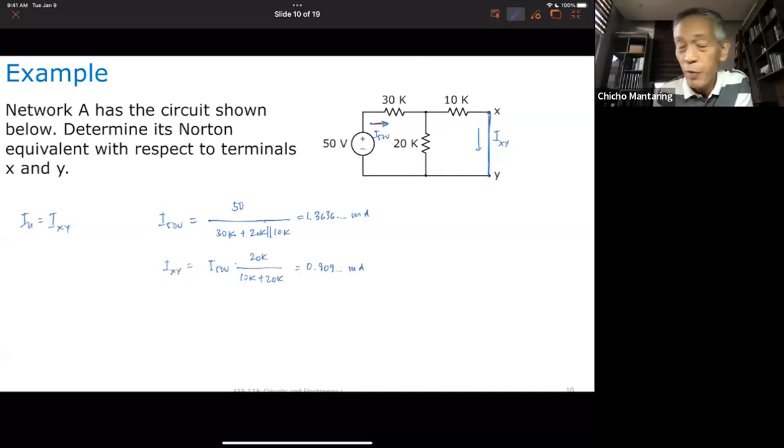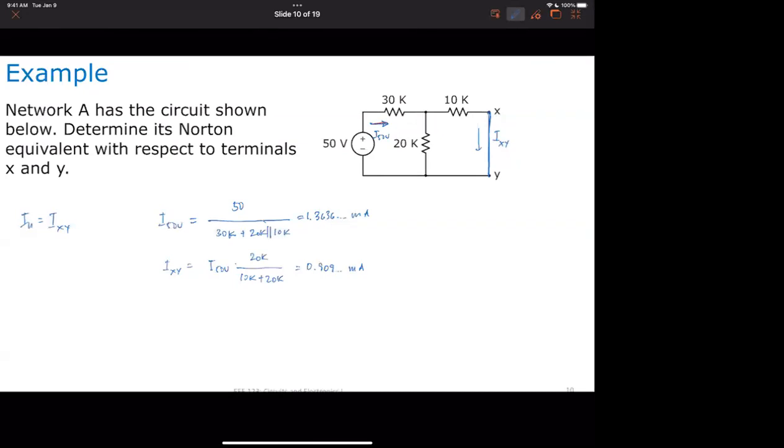If we were strict, then the answer should be 909.1 microamperes. That's engineering notation. Yeah. Okay. Thank you, sir.